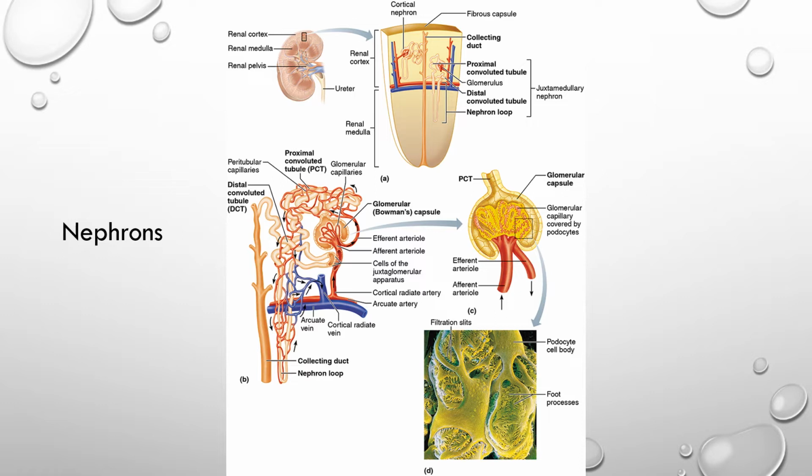As it extends from the capsule, it coils and twists before forming a hairpin loop, then again becomes coiled and twisted before entering a collecting duct. These different regions of the tubule have specific names. In order from the glomerular capsule, they are the proximal convoluted tubule, the nephron loop, the loop of Henle, and the distal convoluted tubule.